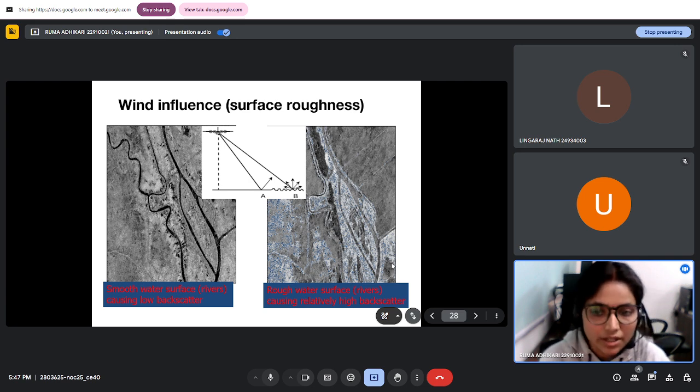Because of that, the texture comes, and we consider this as noise. Because of this roughness, diffuse scattering happens and we get certain scattering, but it appears as salt and pepper, and this is noise. We are not interested in the ripples of the water, okay? So this is noise to our image.